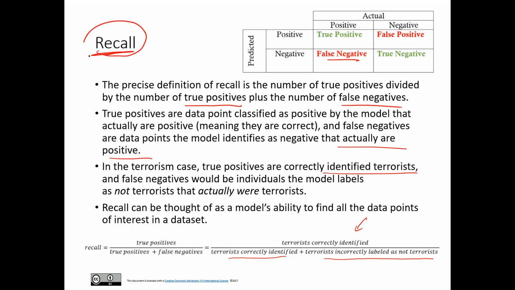So let's just recap here under recall. The precise definition of recall is the number of true positives divided by the number of true positives plus the number of false negatives. So the best way to understand recall, looking at it over here, intuitively, is terrorists correctly identified and terrorists incorrectly labeled as non-terrorist.